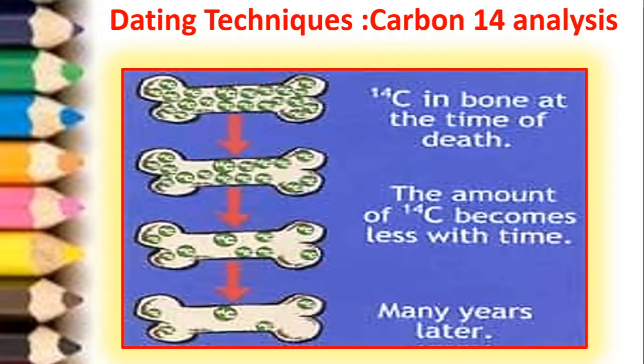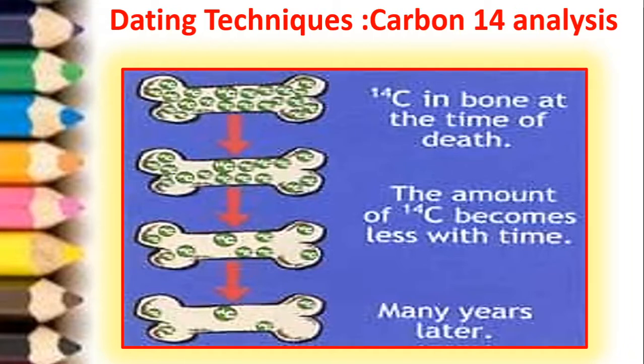Okay, now there is carbon in our body. All right, we are all human beings, whether we are living things, whether we are human beings, whether we are animals, whether it is trees. So all living things have an amount of carbon in their body. And after we die, this carbon starts becoming lesser and lesser.